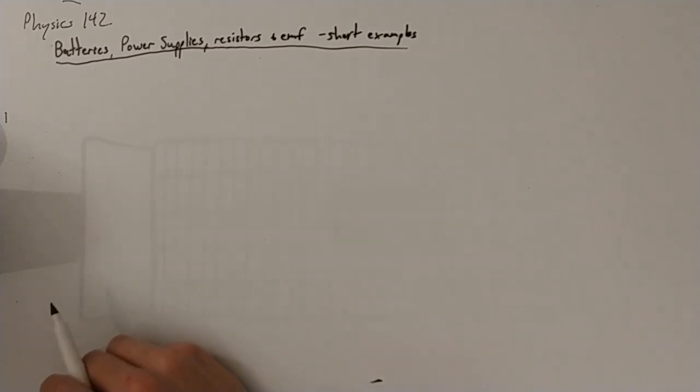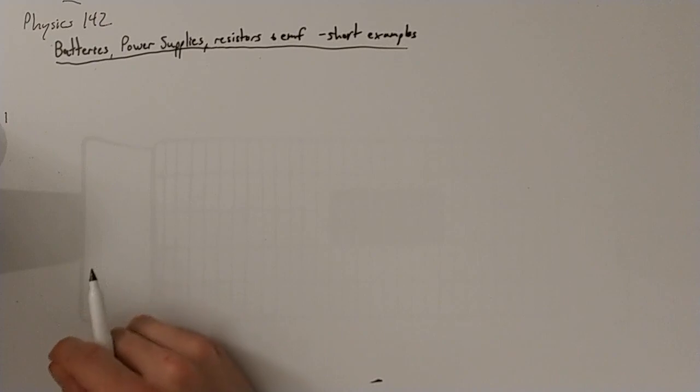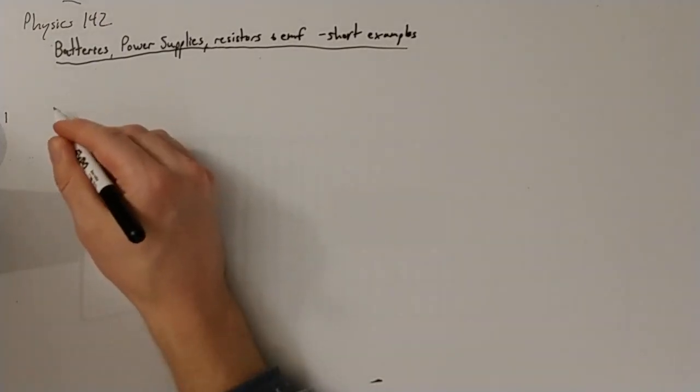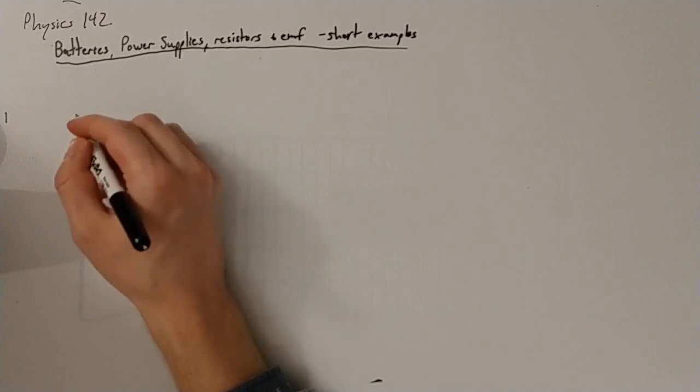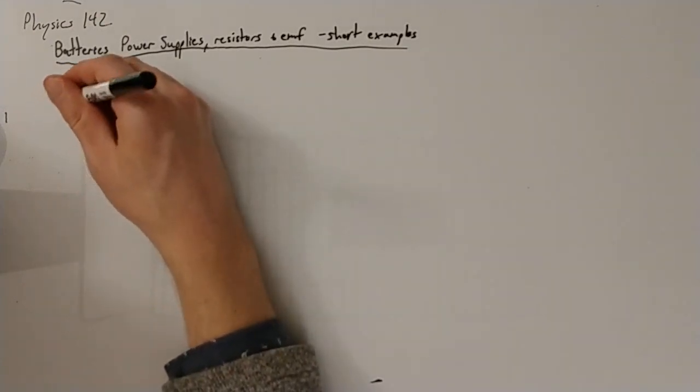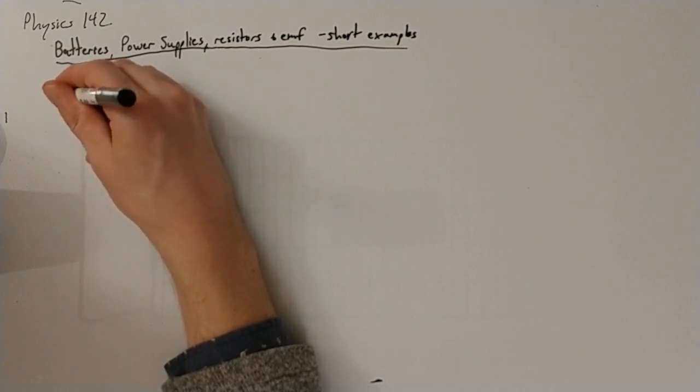So, just as a way of remembering the formulas that we have, we could think about some power supply, and let's think about a copper wire that has a resistance of 1.05 ohms.